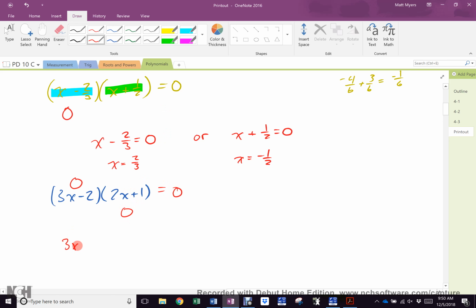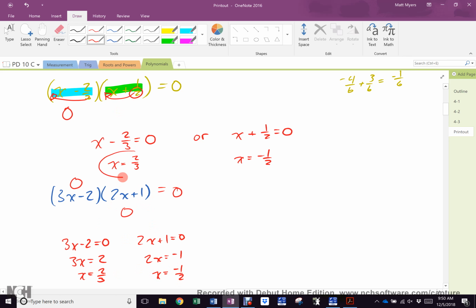So, 3x minus 2 equals 0. 3x equals 2, x equals 2/3. See? Or 2x plus 1 equals 0, 2x equals negative 1, or x equals negative 1/2. Everybody see?